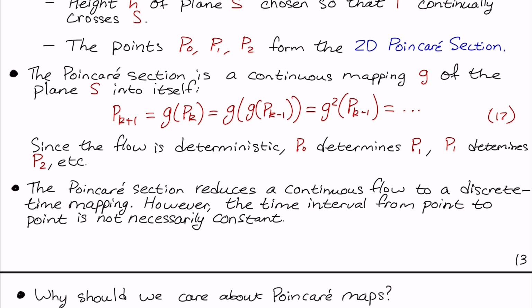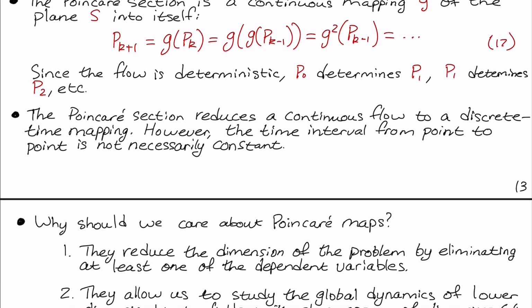So before we go on and analyze Poincare maps, let's go over why we should care about them. The answer is first that they reduce the dimension of the problem by eliminating at least one of the dependent variables. And second, they allow us to study the global dynamics of lower dimensional vector fields with phase spaces of dimensions less than or equal to 4.